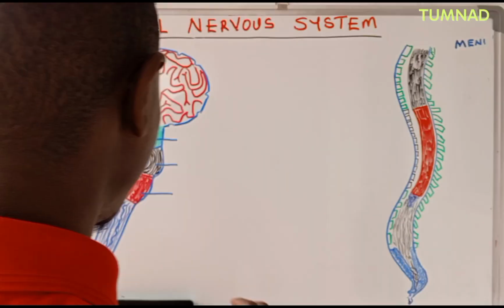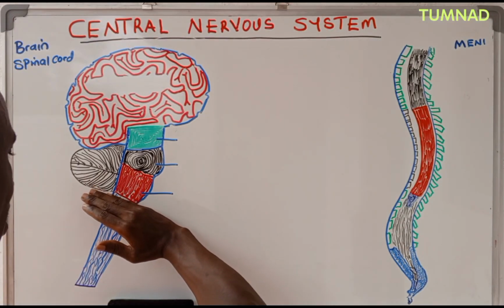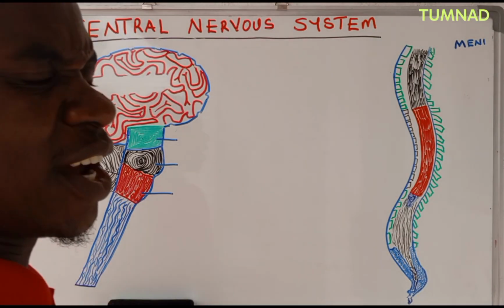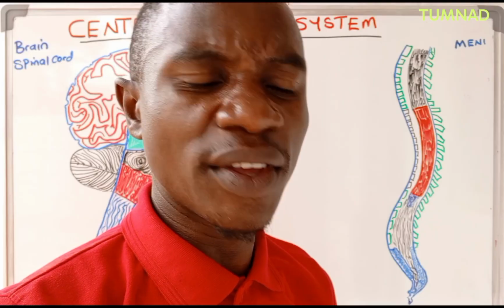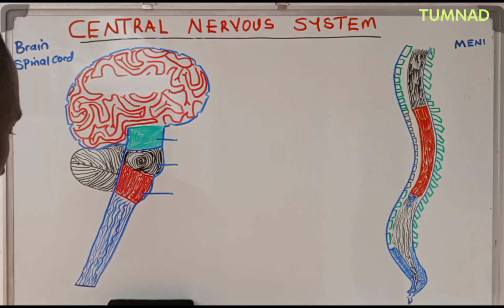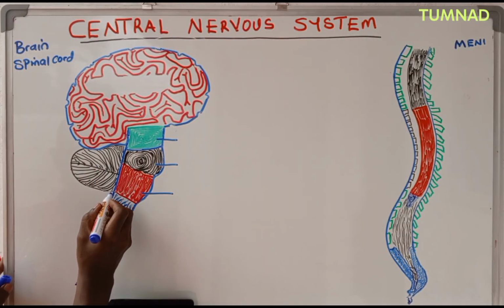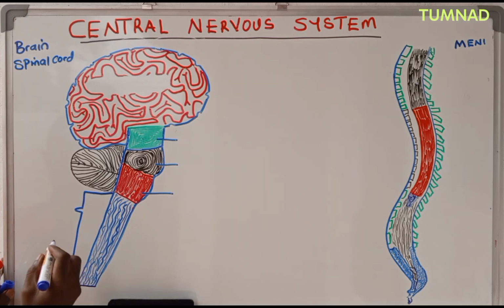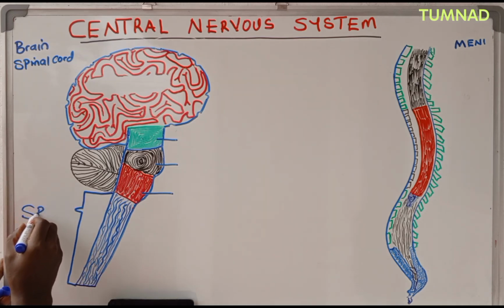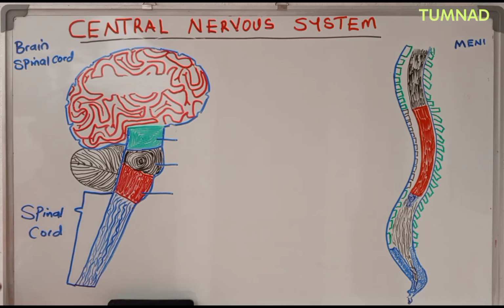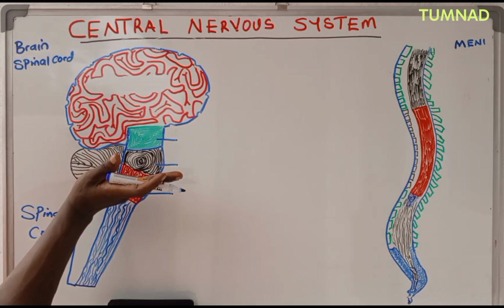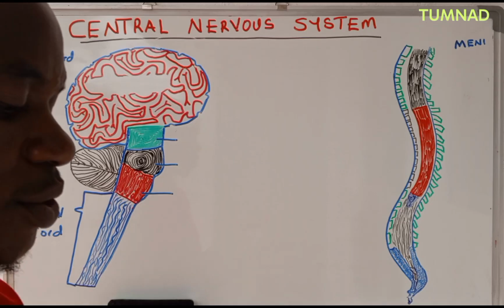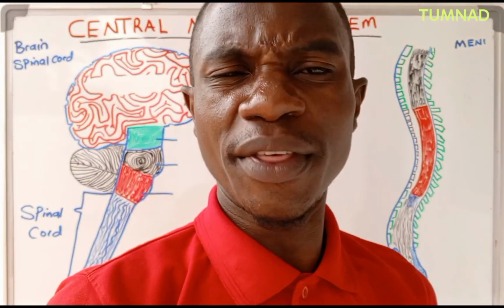But again, from this area going downwards, the whole of that area is what we call the spinal cord. And again, the whole of this area going up is what we have said is called the brain.